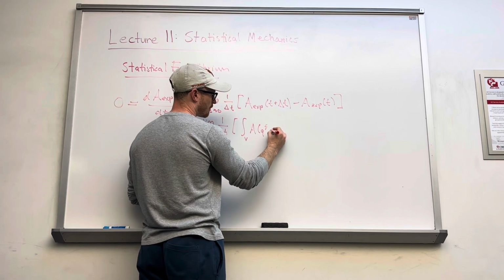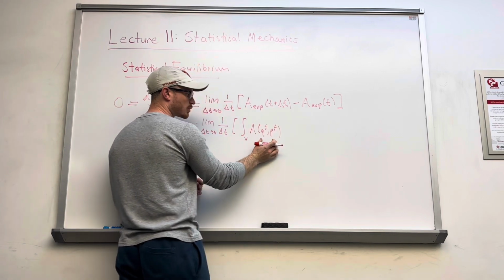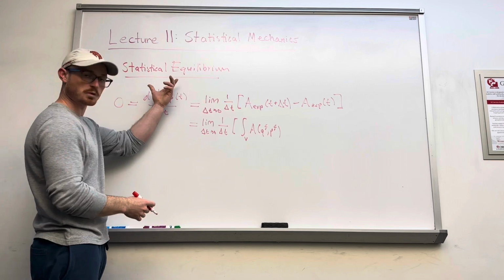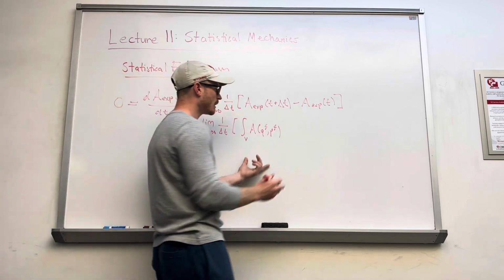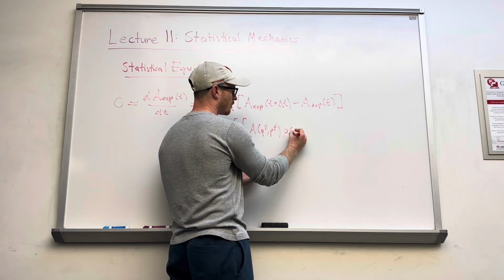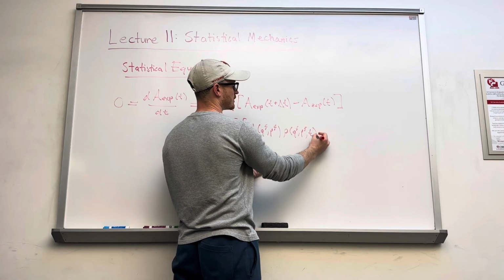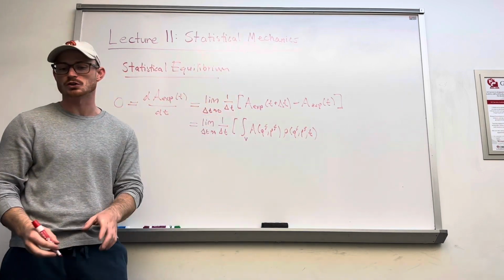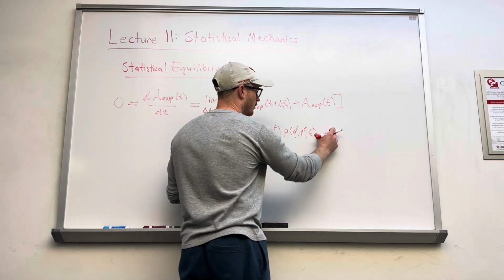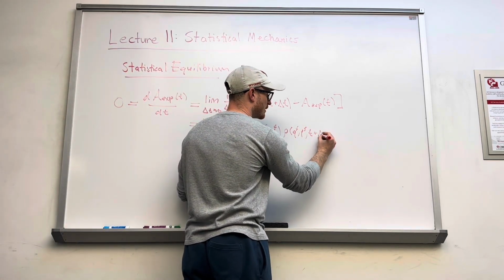of q_f p_f. Now we don't have explicit time dependence because we're at equilibrium, right? So A of q_f p_f, rho of q_f p_f and t. Rho could change in time, right? We've made no restrictions on rho. And of course, this is at t plus delta t.